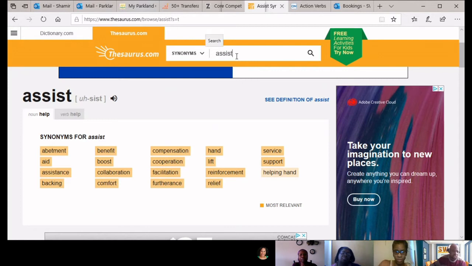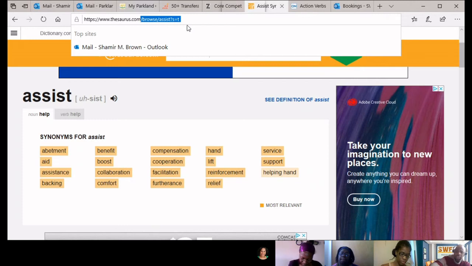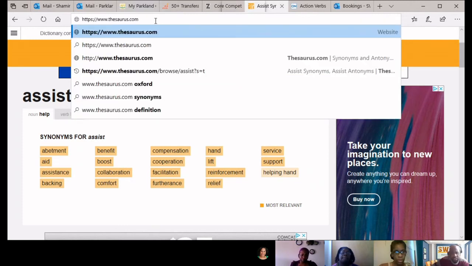Some have more than others. Some have a very limited list. Some have a list so big it can make your head spin. But nonetheless, this is where we can find replacement and alternative words for what we were thinking about using to describe that which we do. It's a very excellent resource that I make use of all the time. I will put the link for it in our chat so that y'all can take a look at it.